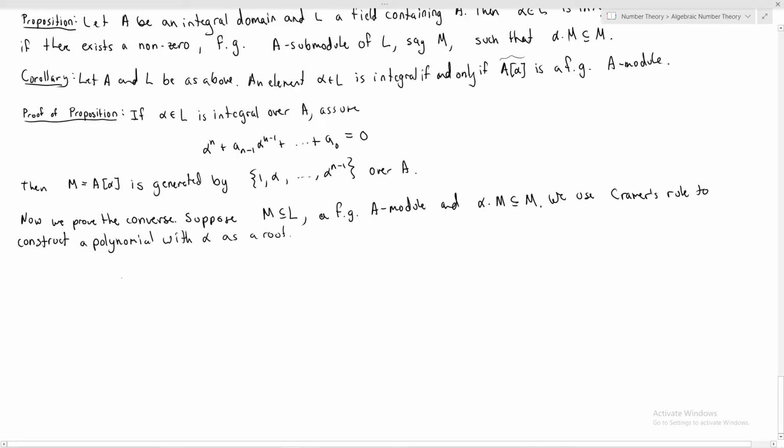So first, let me go ahead and state Cramer's rule. Let c_ij be elements of the field L with 1 less than or equal to i, j less than or equal to m.